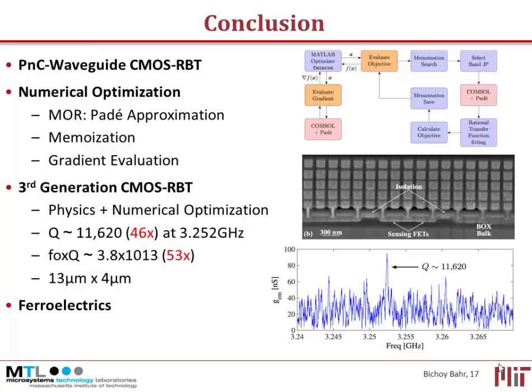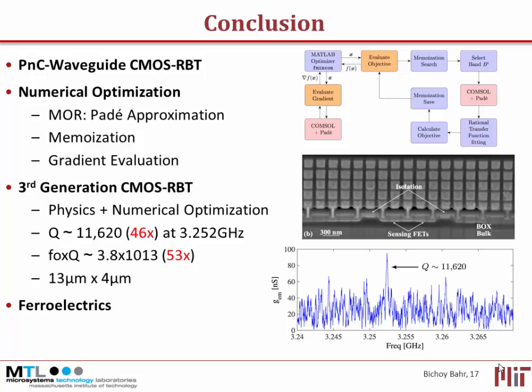We have seen that through physical intuition and understanding of the waveguiding, we were able to select a structure that can confine the waves. And then we combined this physical intuition with numerical optimization to find the best dimensions for the structure. From both of these techniques, we got an impressive quality factor and f0·Q.